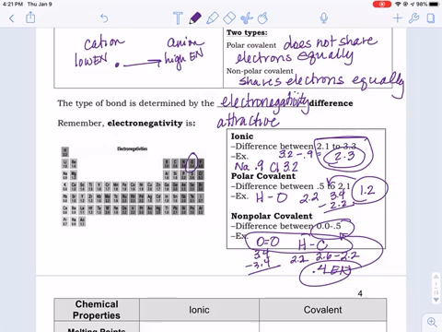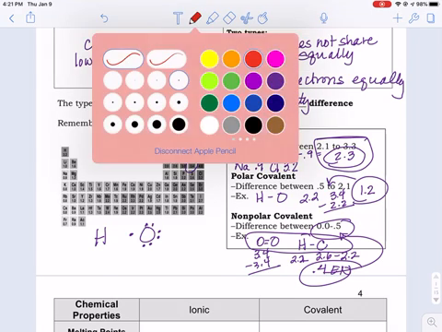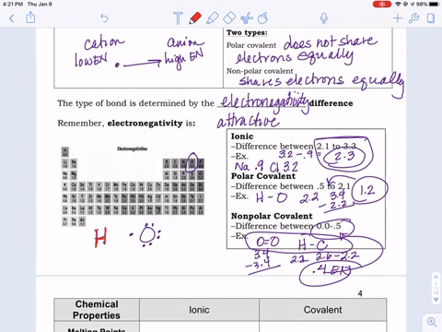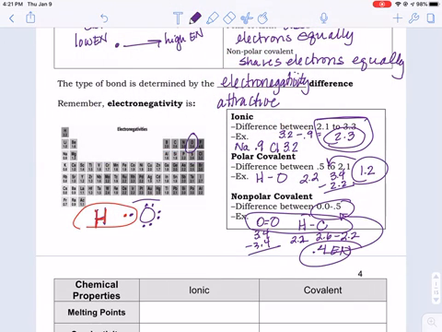Okay, so if we draw a hydrogen-oxygen bond, what that means is the oxygen, who has 6 electrons, and the hydrogen has 1 electron, the oxygen is going to have control of those electrons more. It's going to spend more time over here. So he ends up getting a partial negative charge, and the hydrogen has a partial positive charge. And this is why water acts the way it does.